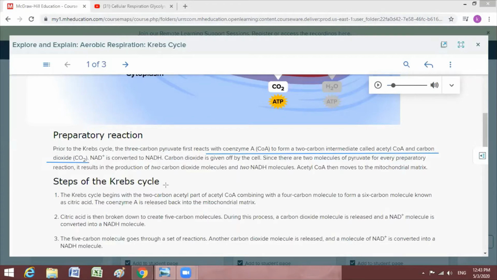Still, we didn't enter the Krebs cycle. Those are preparatory reactions, the preparation of the Krebs cycle. 2 carbon dioxide and 2 NADH molecules are produced. Of course, 2 acetyl-CoA move into the matrix.